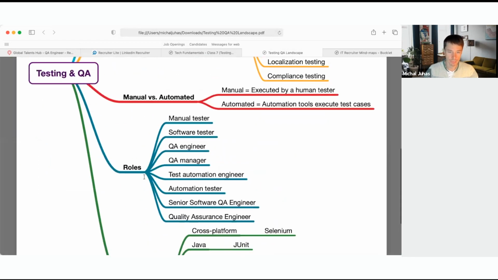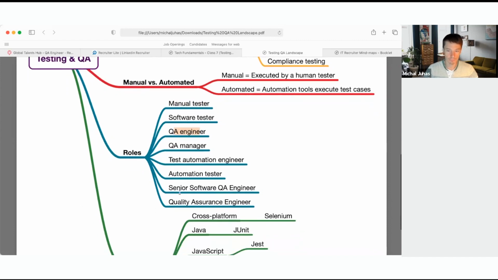Okay, some of these roles related to QA include manual tester. As I mentioned, someone who just clicks or taps here and there, but that's not who we are looking for. We are looking for the QA engineer, someone who can automate testing, someone who can write tests that would run automatically.